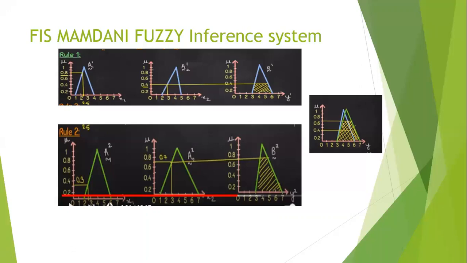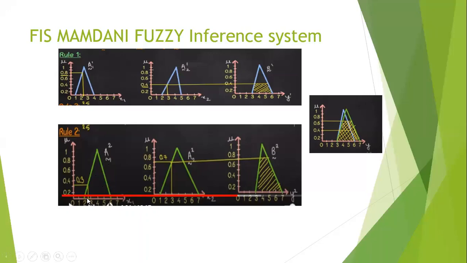Okay. Similarly, the second rule is: if x1 is a12, x2 is a22. You are mentioning the same values, x1 is 2.5, x2 is 3.